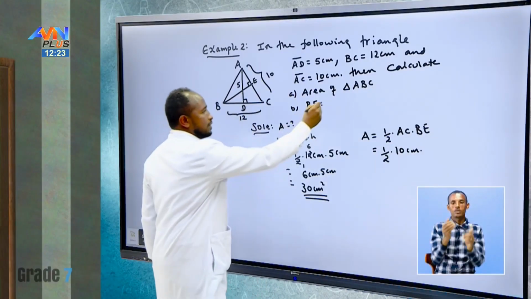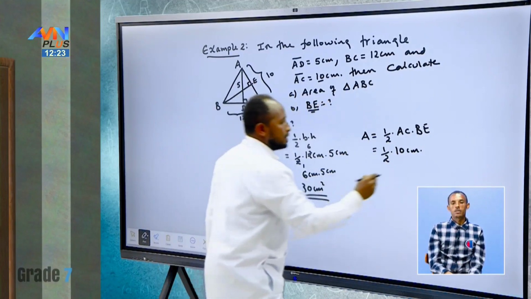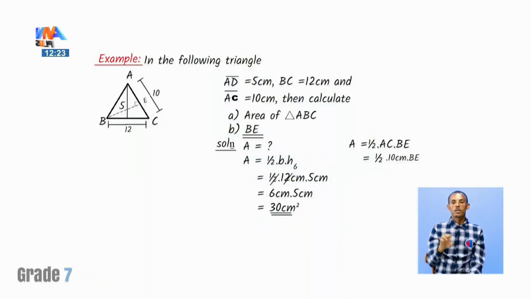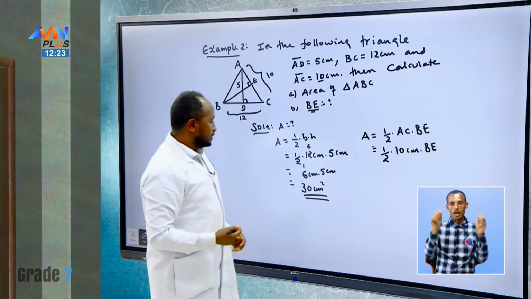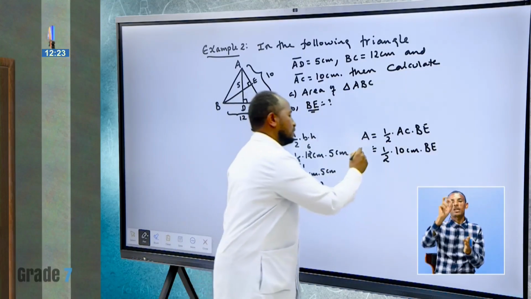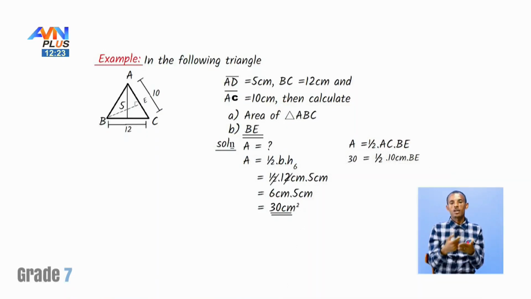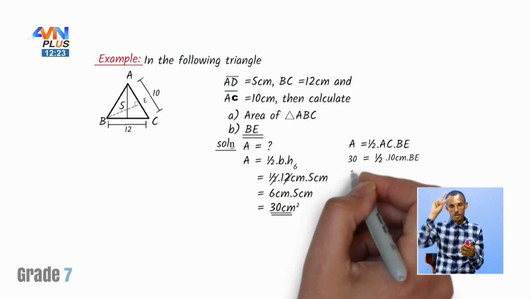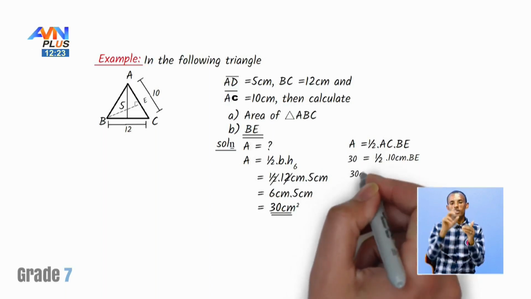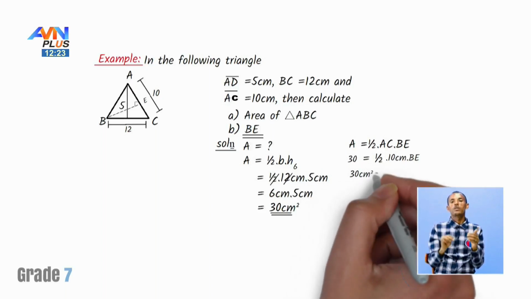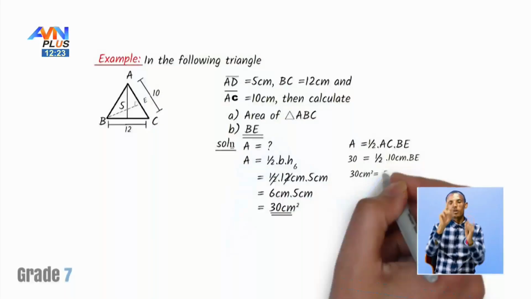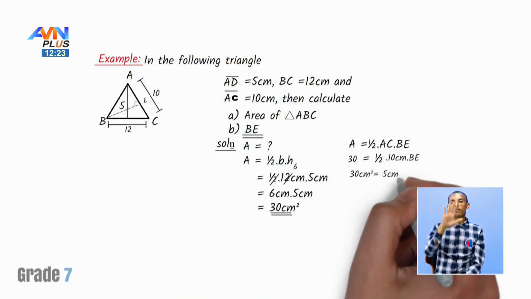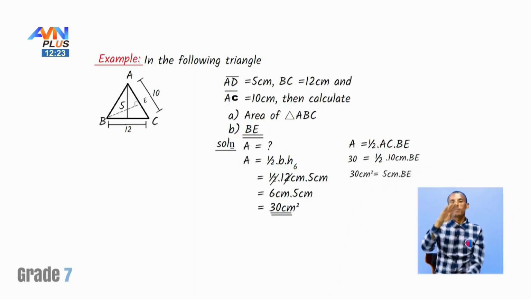BE is not known. We are asked to calculate it. But the area of the triangle is known. We have calculated it here to be 30. So this area is 30 centimeters square. So 30 centimeters square is equal to, just divide this by 2, 10 over 2, it is 5. 5 centimeter times BE.